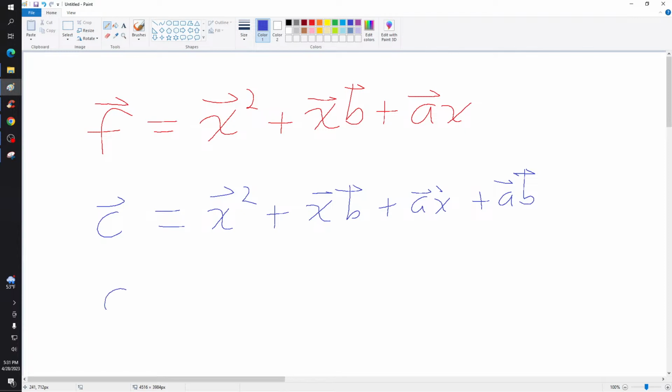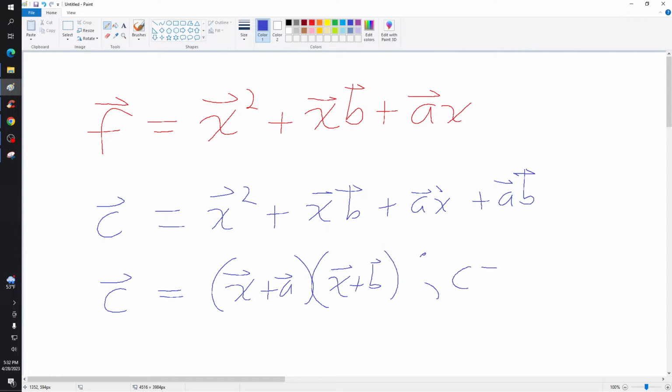So then we're writing that c equals x plus a, the left-hand product, x plus b. And since we know a and b, that means we are setting c equal to the original variable f plus the product of ab. This is the first thing that we have to do, okay?